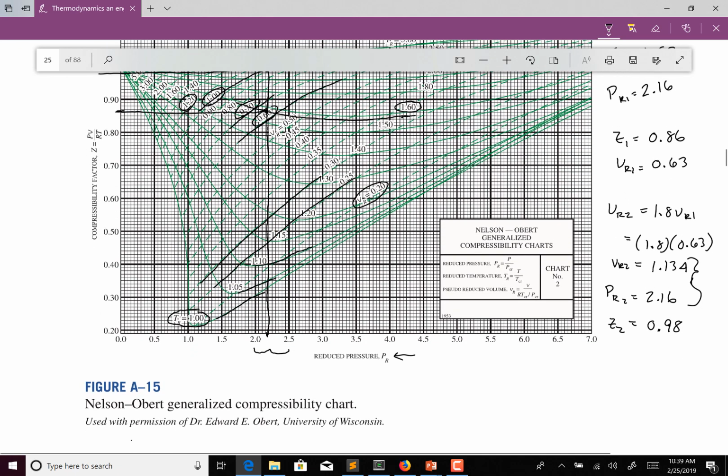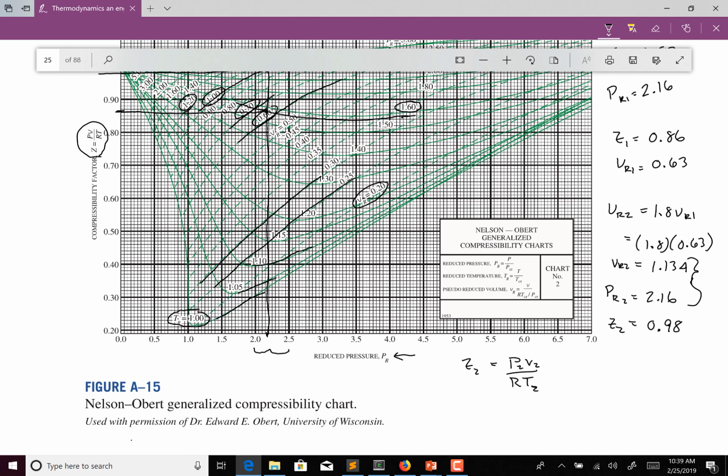So Z2 is approximately 0.98. We know, and the equation is given right here, that Z is equal to PV over RT. We can specify that these are all 2, just because we're looking at state 2.